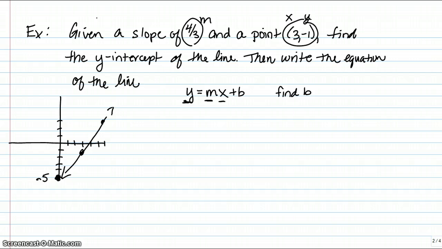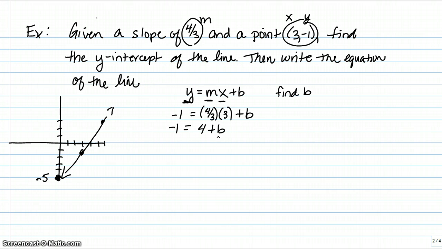So we're going to take the time now to plug all three of these numbers into the equation. So the y is equal to -1. The m is 4/3. And the x is 3. So first, I would multiply my 4/3 times my 3, and actually that comes out very nice. It's actually 4. So -1 = 4 plus b.